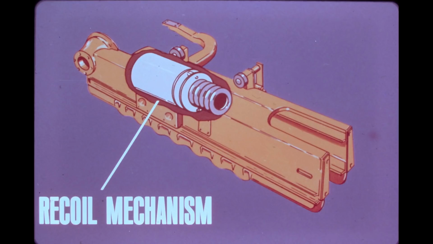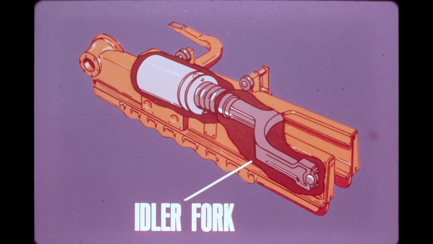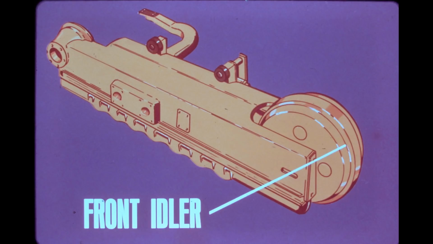Integral with the recoil mechanism is the hydraulic track adjusting device. The track frame also houses the front idler fork, which is the supporting member for the front idler. The front idler is a large wheel-like steel casting that supports the front of the track. Grooves on the circumference guide the track chain.